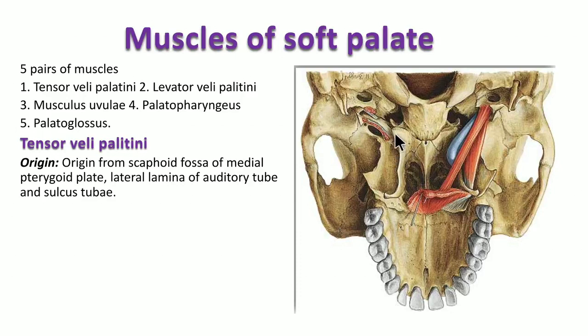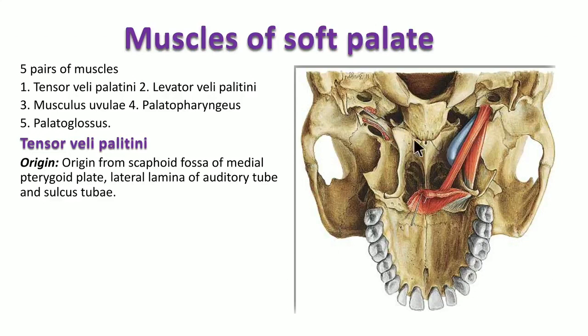And apart from the scaphoid fossa, it also arises from the auditory tube, from the lateral wall or lateral lamina of the auditory tube. So it arises from the lateral lamina of the auditory tube. Okay, then it also arises from the sulcus tubae.